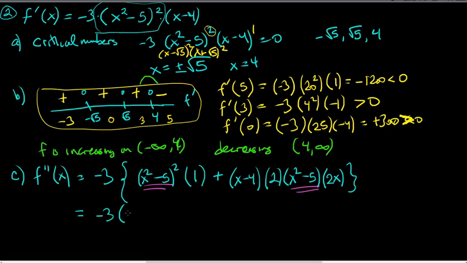So -3 times (x squared minus 5) times, and then what's inside the brackets: you get another x squared minus 5 to get (x squared minus 5) squared. And then plus, something you'll probably want to multiply out, 2 times 2x is 4x times (x minus 4). Sorry, that's an x there.